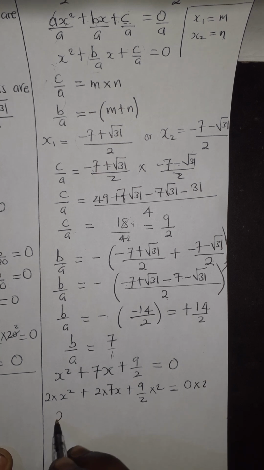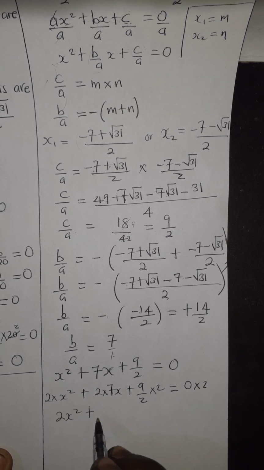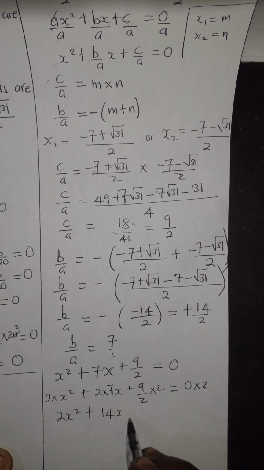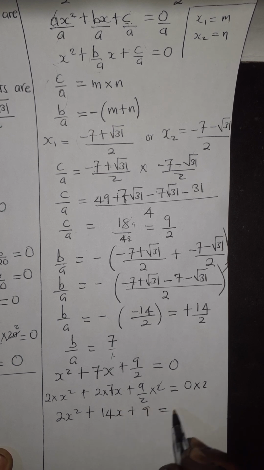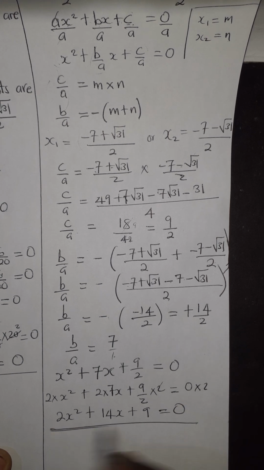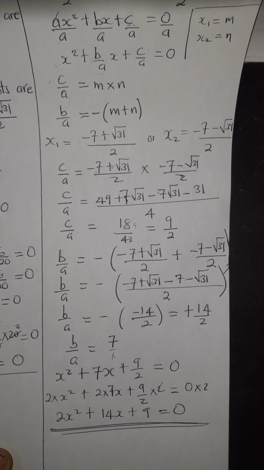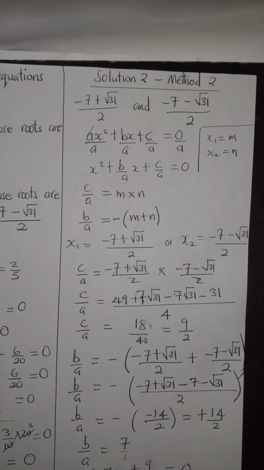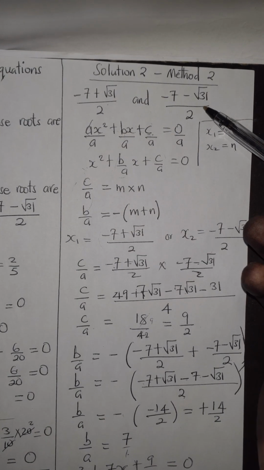So all these give us 2x squared plus 14x plus 9 is equal to 0. So this is the original equation that produced these x values after solving.